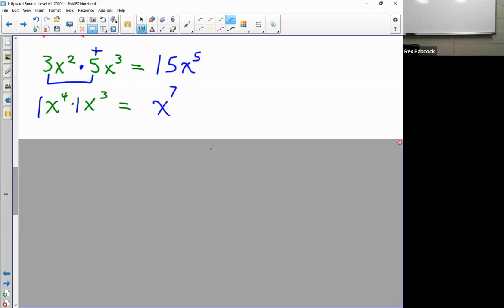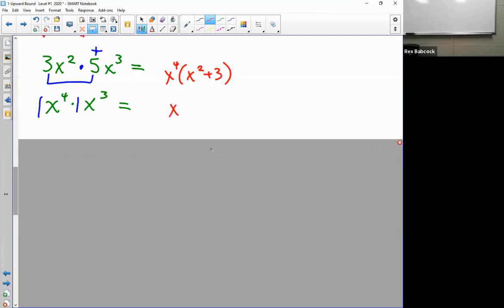Also, before I go to division, I want you to notice on both of these problems there was no addition. In other words, if I had addition within a multiplication, in other words, x squared plus 3 times x to the 4th, that's a different problem. The rules are slightly different than this.